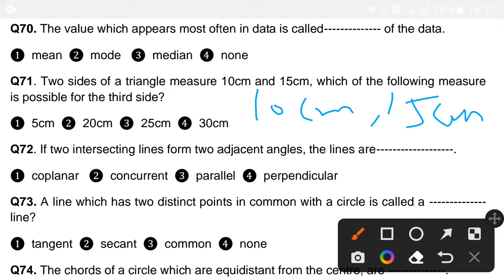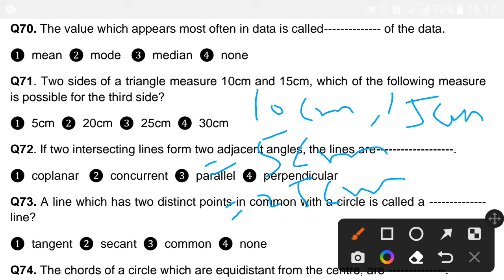We have two theorems that state that the sum of two sides of a triangle is greater than the third side, and the difference of the two sides of the triangle is less than the third side. So the difference is 5 centimeter and the sum is 25 centimeter.